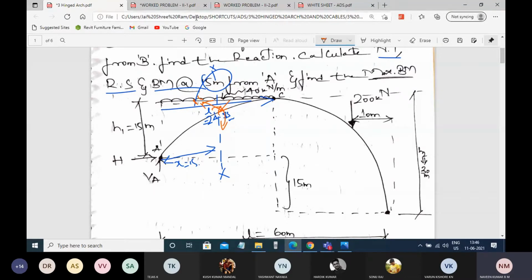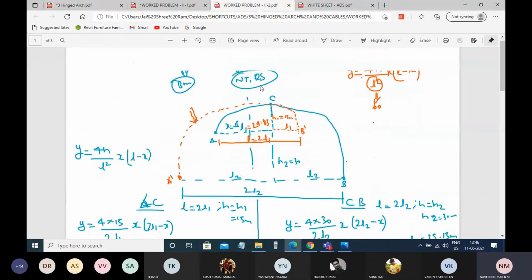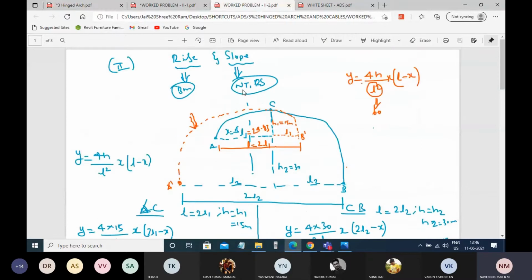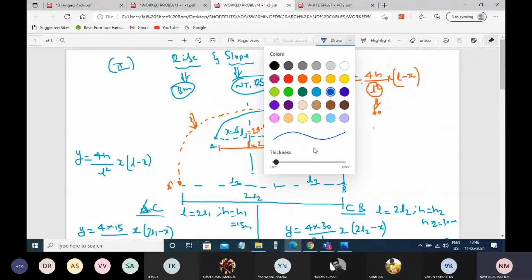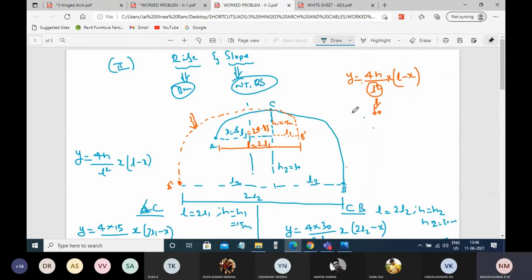So we are discussing this. In order to find normal thrust as well as radial shear as well as bending moment, you require the rise equation as well as the slope equation.